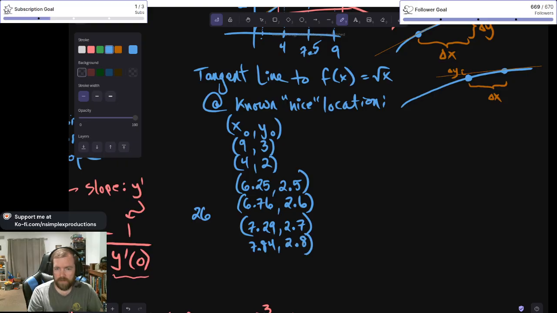So 2.8. Either of those is good. No, this one's the closest. This is optimal if you're doing just two-digit numbers, and in this case, one decimal place.